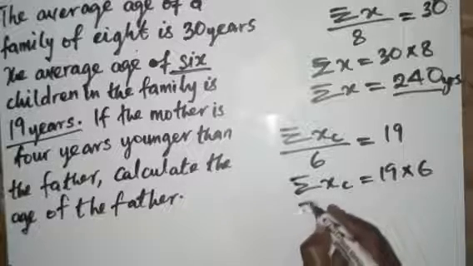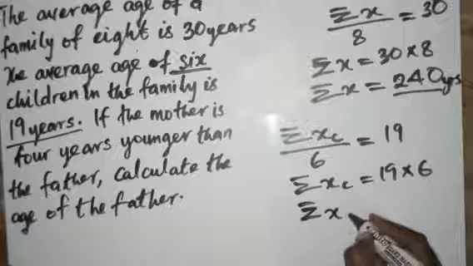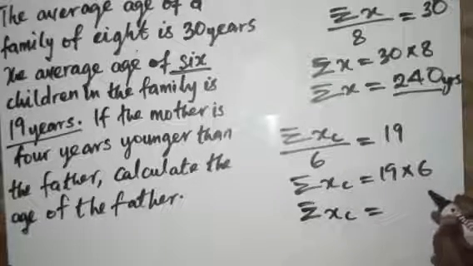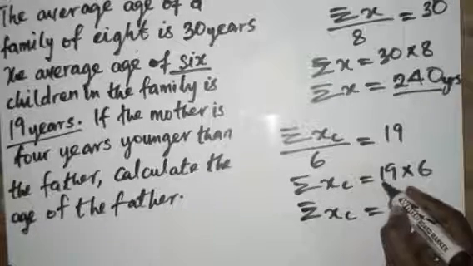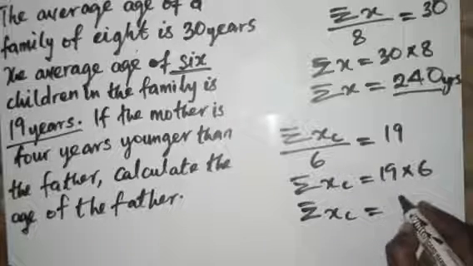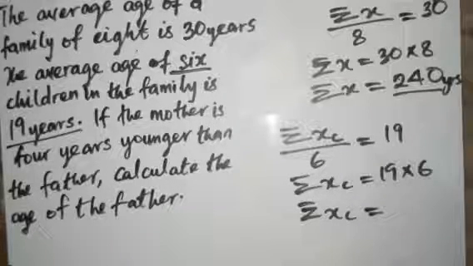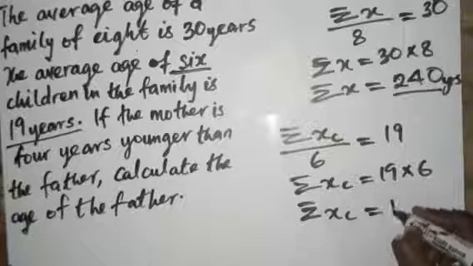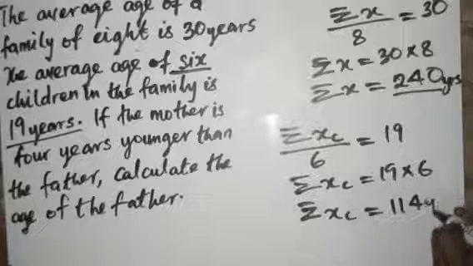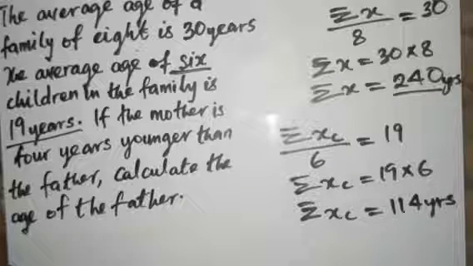So the sum of ages of all the children is going to be 19 times 6, that is 60 plus 54, which is going to be 114. So 114 years is the total sum of ages for only the kids. Good.